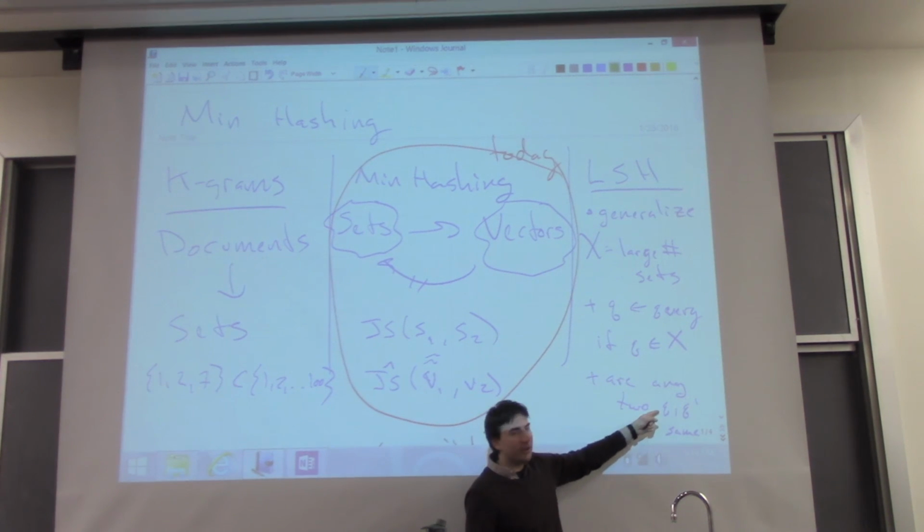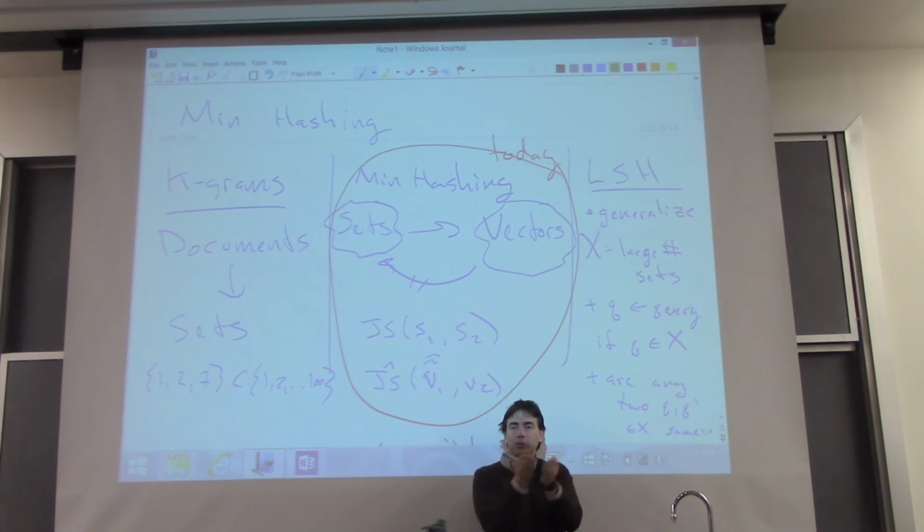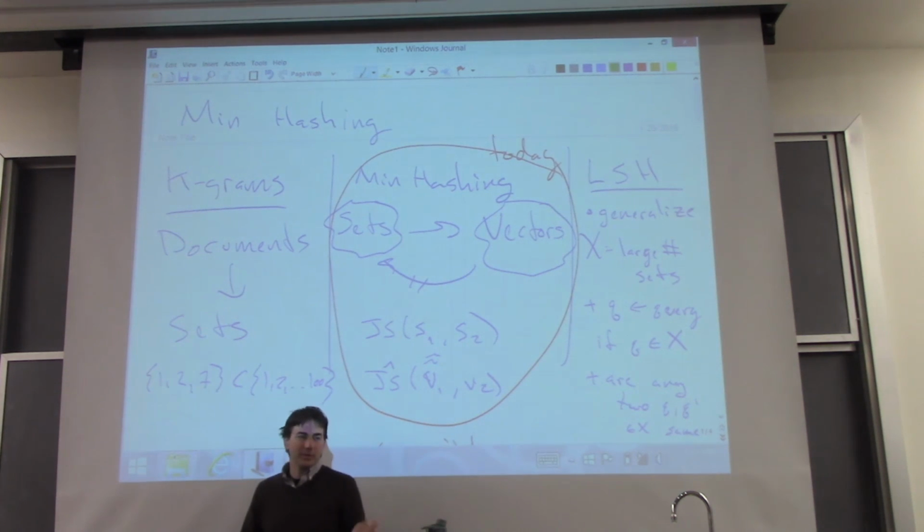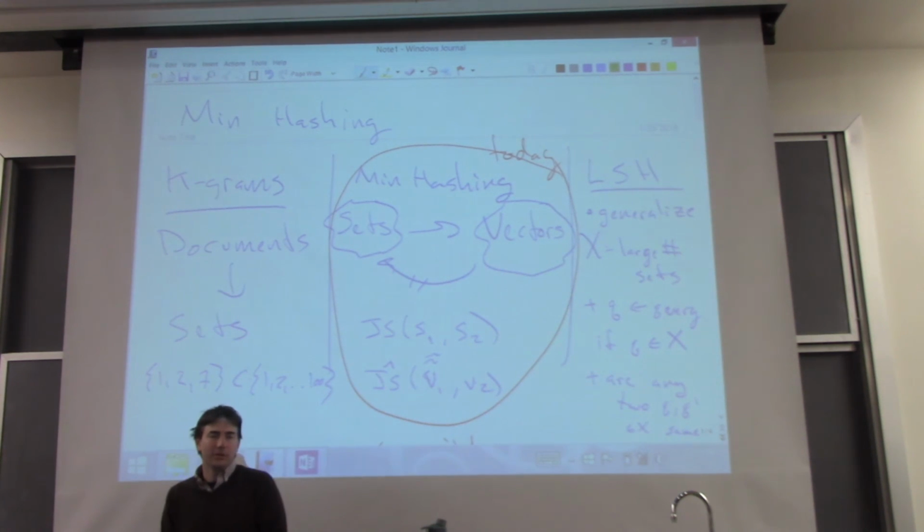And if you want to find 2 similar things, if they're in the sorted order, they would have to be right next to each other. But now we don't have a single ordering, so that's going to be the challenge. So we're going to have to think a little bit outside the box, or we can't quite use those ideas anymore. So that's it. I'll end there today. Thank you.